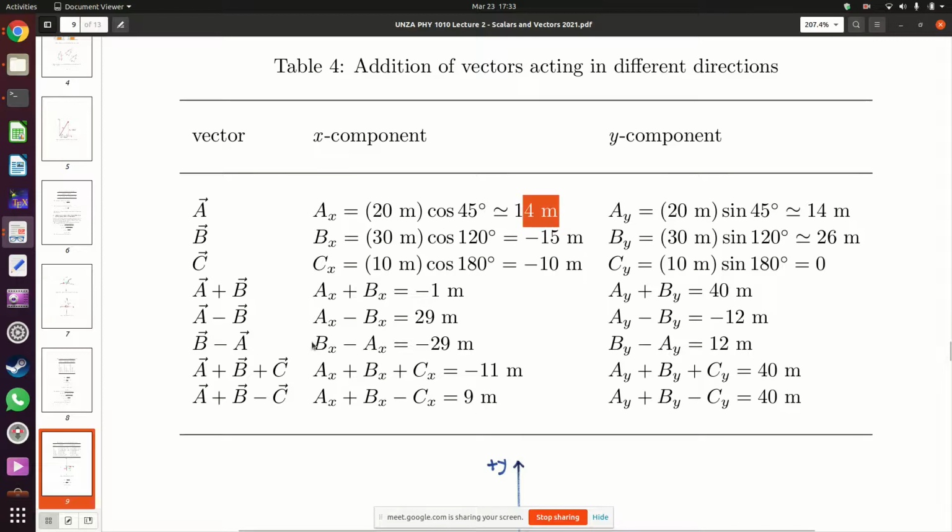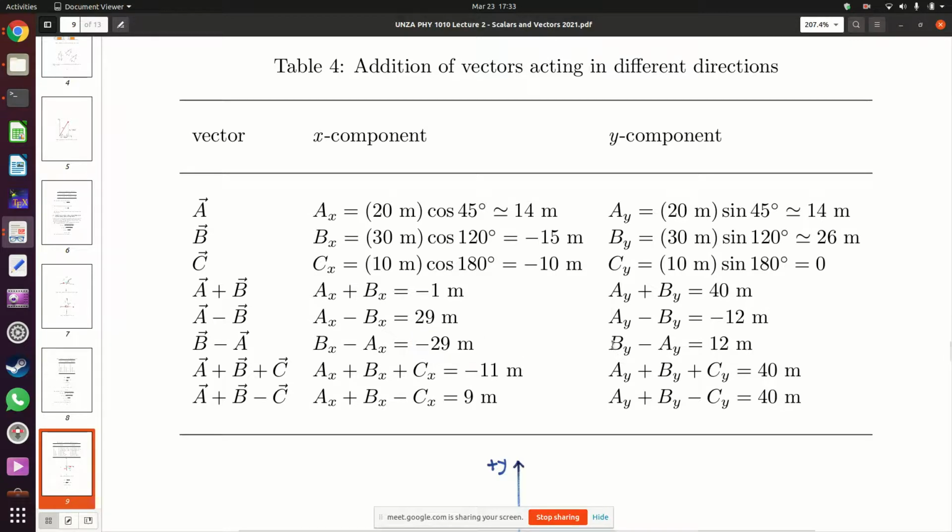So b minus a is going to be minus 15 minus 14 meters, and that's going to give us minus 29 meters. In this case, the x component of b minus a is pointing along the negative x-axis and has a size of 29 meters.